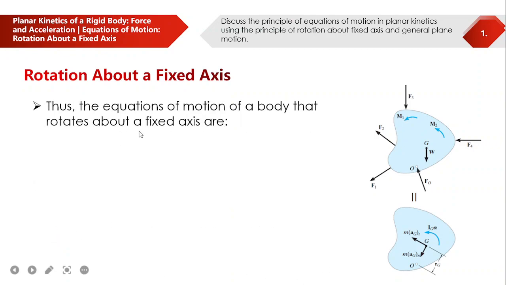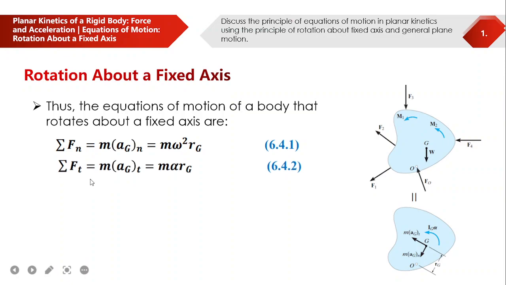Thus, the equations of motion of the body that rotates about the fixed axis are, first, for the normal component of the forces: the summation of all forces in the normal direction is equal to mass times the normal component of the acceleration, which is mass times angular velocity squared times r sub G. This is your first equation of motion when dealing with rotation about the fixed axis.